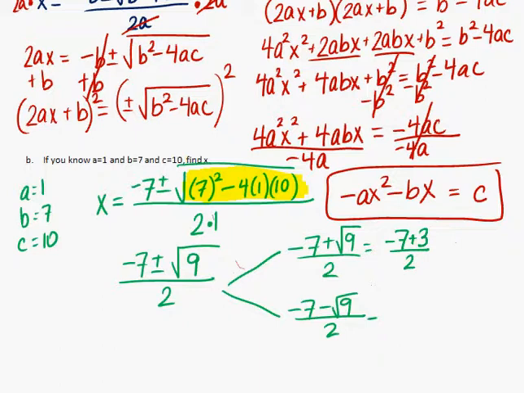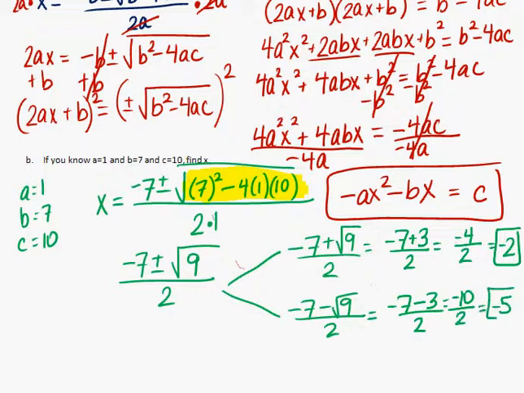The bottom expression is equivalent to negative 7 minus 3 all over 2. Negative 7 plus 3 is negative 4 over 2, which equals negative 2. Negative 7 minus 3 is negative 10 over 2. Negative 10 over 2 is negative 5.